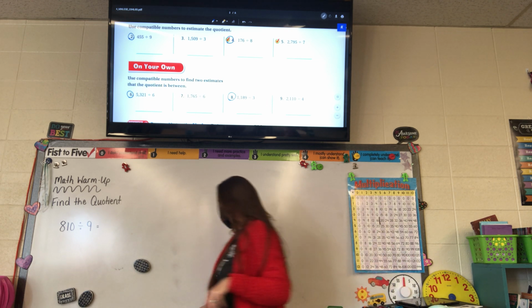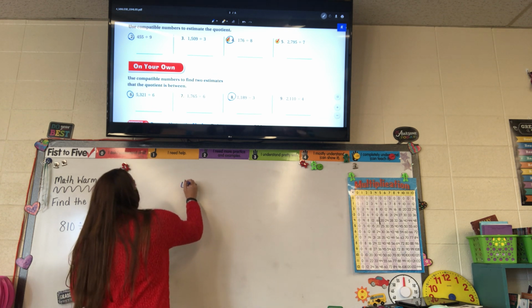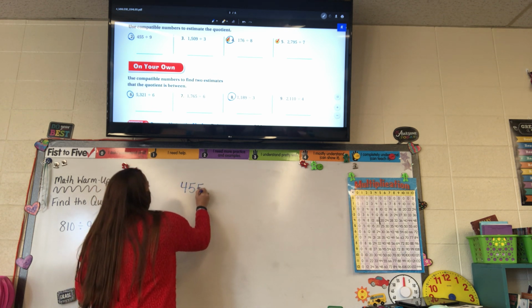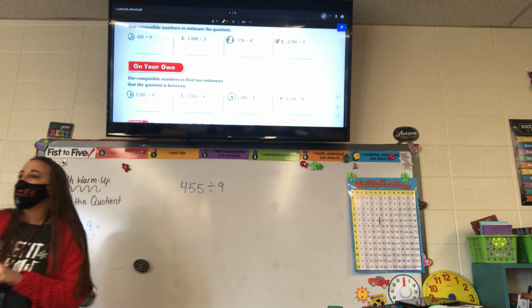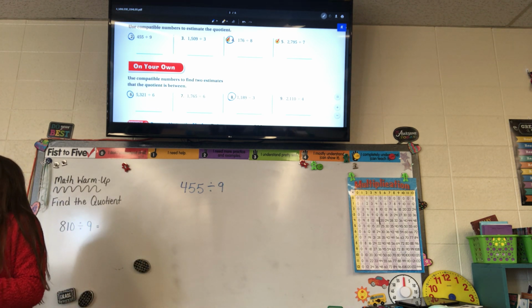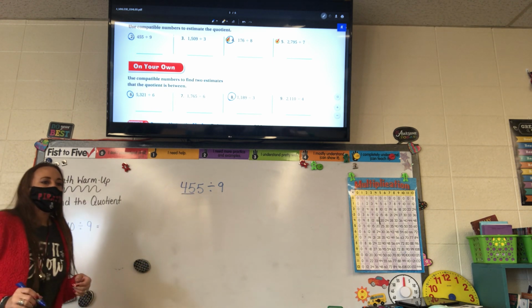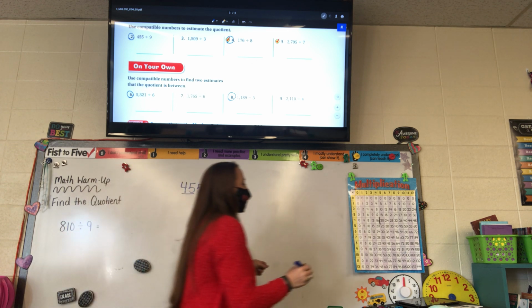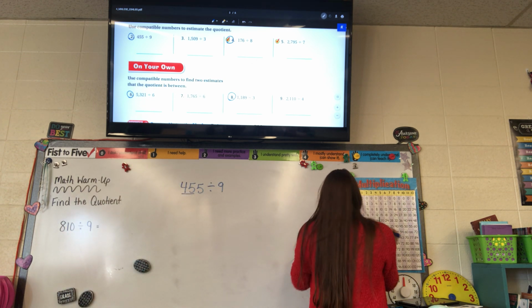455 divided by 9. This is question number 2. I want you guys to start by underlining 45, okay? And then we go over to the 9 row and we look for 45. Do you see it? Yes. There is a 45.